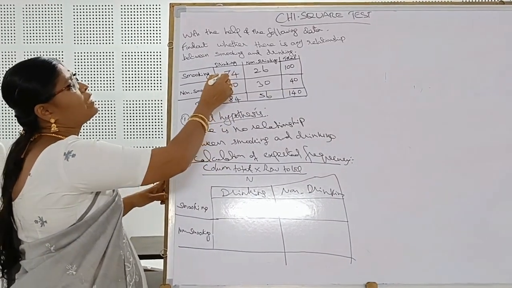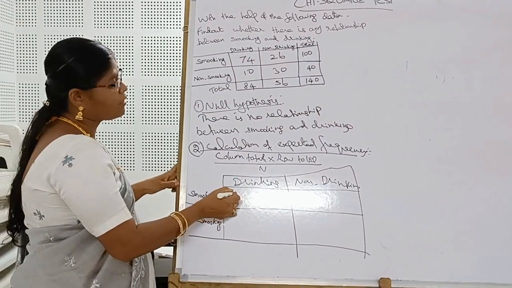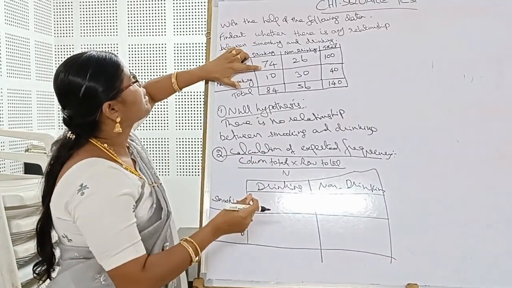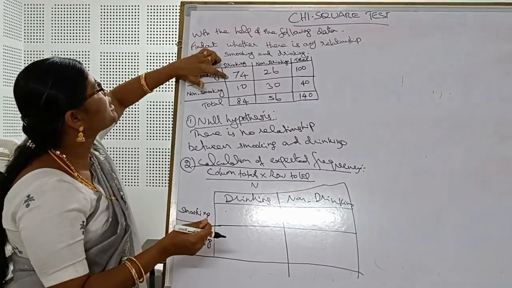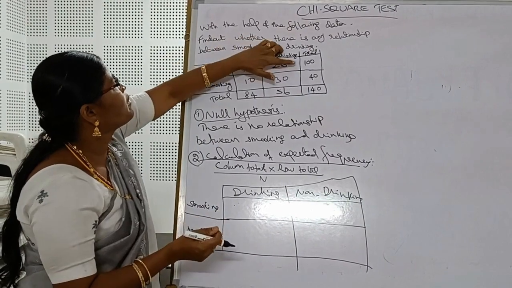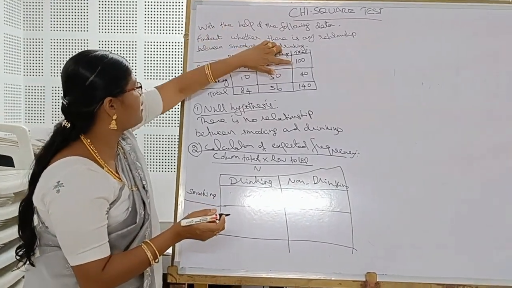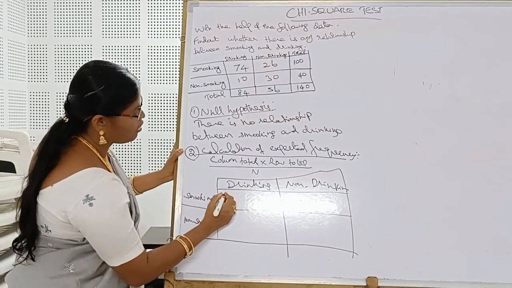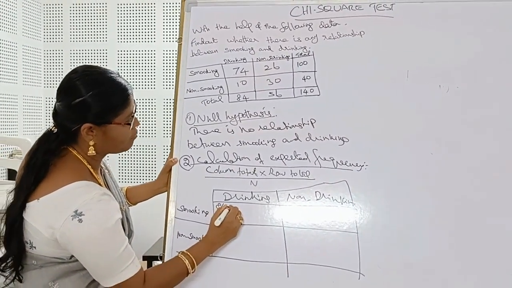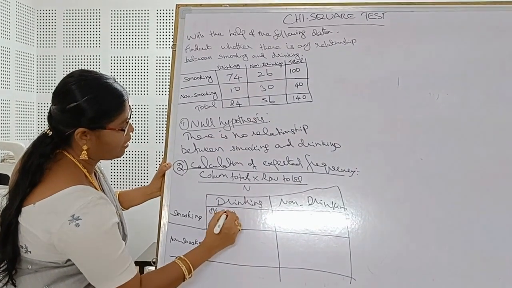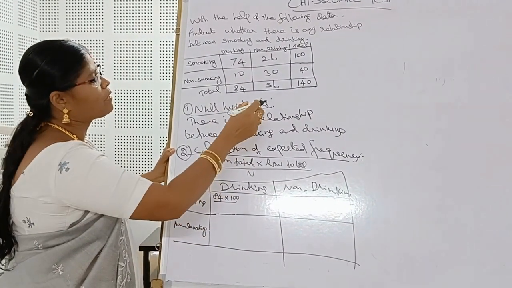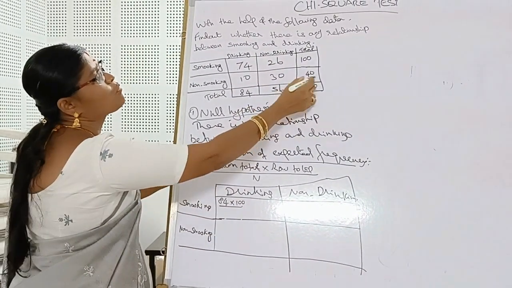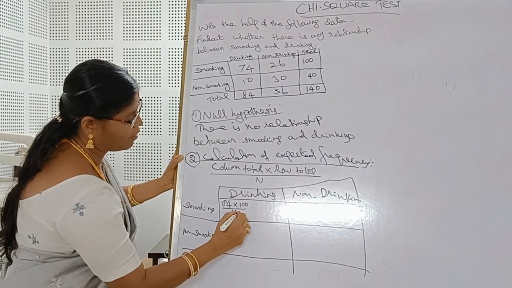Here the observed frequency is 74 but the expected frequency is 60. First cell, first column and first row. The first row total is 100 and first column total is 84. So the formula is column total 84 into first row total 100 divided by n, the total number of observations, that is overall total 140.